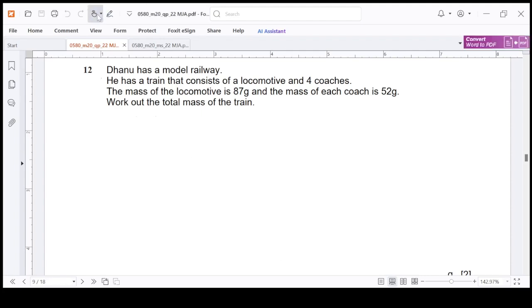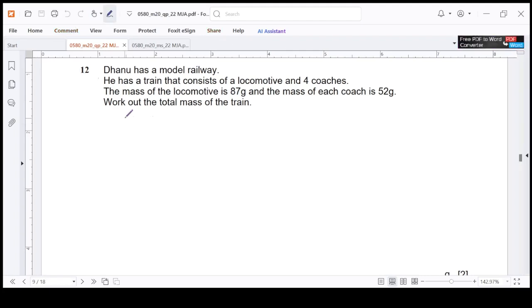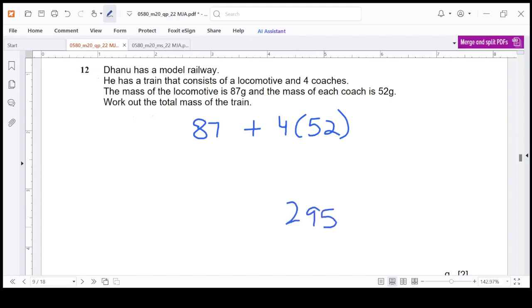Okay, so we just have to add the mass of the four coaches with the mass of the locomotive. So locomotive is 87 grams plus four coaches is 52. You have to find this product and then add it to 87. You do not use a calculator, and when you're done, you should get 295 as the final answer.